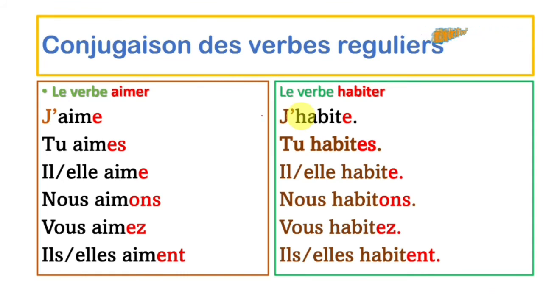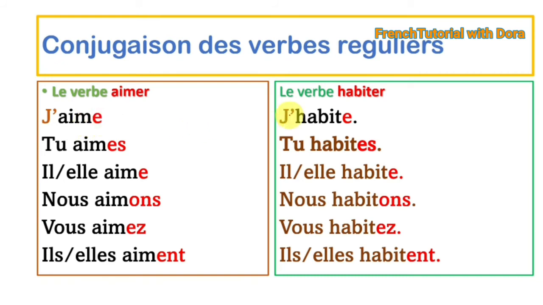The verb aimer, j'aime, the verb to like. J'aime ma mère, I like my mother. Tu aimes danser, you like dancing. Nous aimons voyager, we like traveling. So you can use the verb aimer to express whatever you like or love.